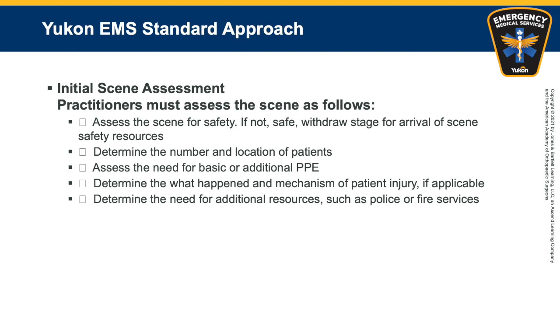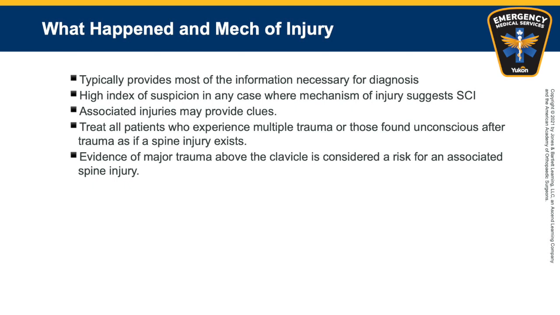You're going to determine the number of patients, the location, what type of PPE you're going to need. If you can determine it through the windshield, try to determine what happened. Okay? Also determine if you're going to need additional resources such as the police or fire. The mechanism of injury you're going to find out from the patient usually. Sometimes you can find it out just by looking at the scene.